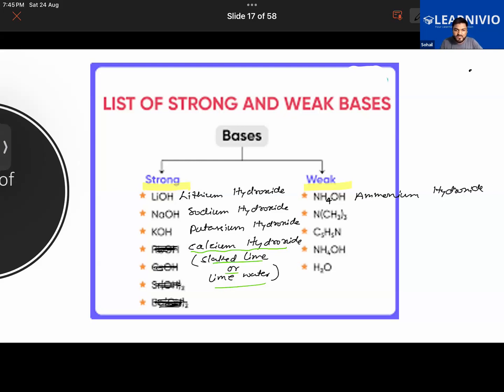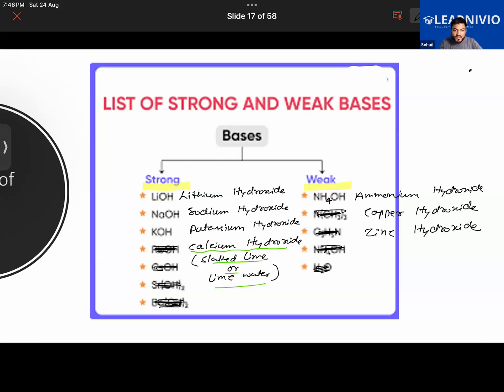We have examples of some other weak bases also, like copper hydroxide. This is a weak base. Or, for example, you have zinc hydroxide also, that is also a weak base.